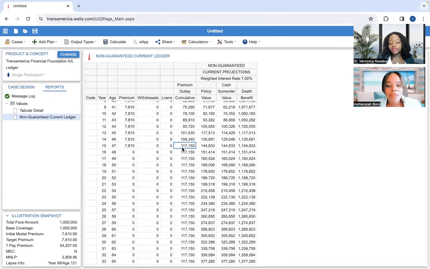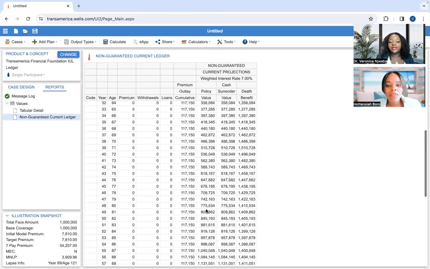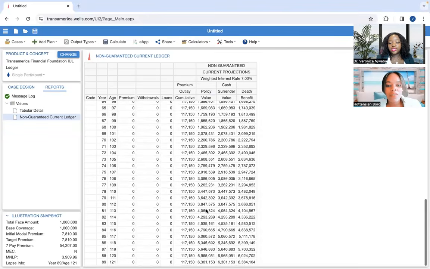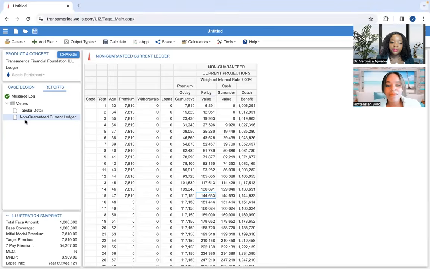Now they've contributed 117,000, they have 144. Same thing, it's going to be compounding. They don't put any more money, right? Whatever's in the savings is still compounding, covers the cost of insurance, runs itself. This can go all the way also to 121. They won't have 11 million, but it says 6 million, right? Why? Because they contributed for a shorter time compared to the other one.